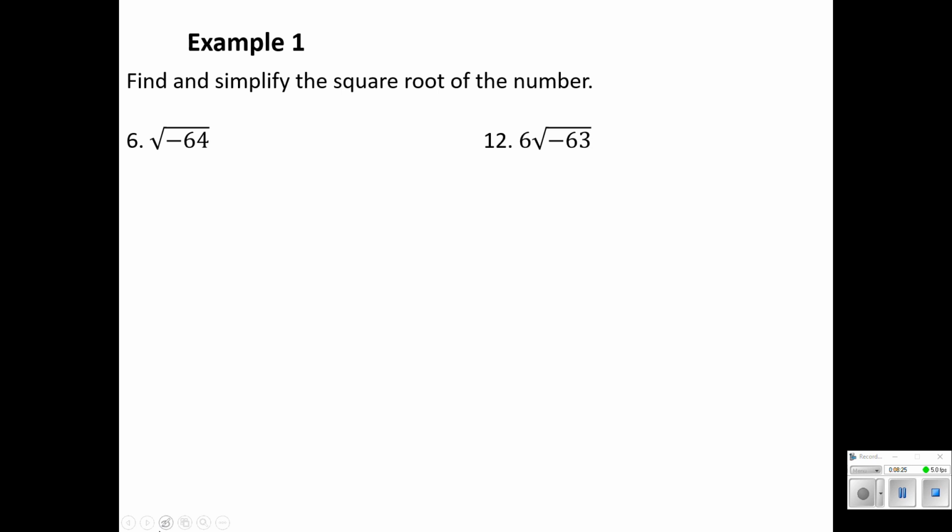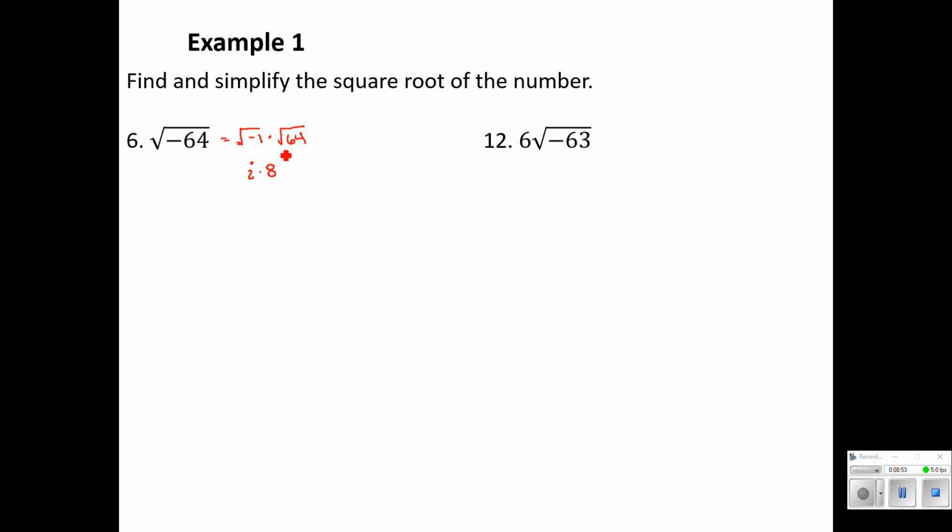All right, so now that we've expanded our number system, let's use it. Number 6, here we've got the square root of -64. I don't like that negative sign underneath the square root, so I'm going to refer to that as the square root of -1 times the square root of 64. And the square root of -1 is i, and the square root of 64 is 8. Now notice we're not square rooting both sides as a means of problem solving.